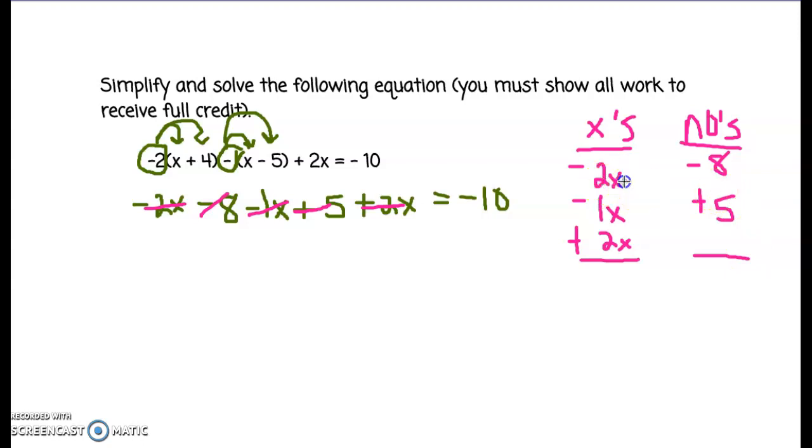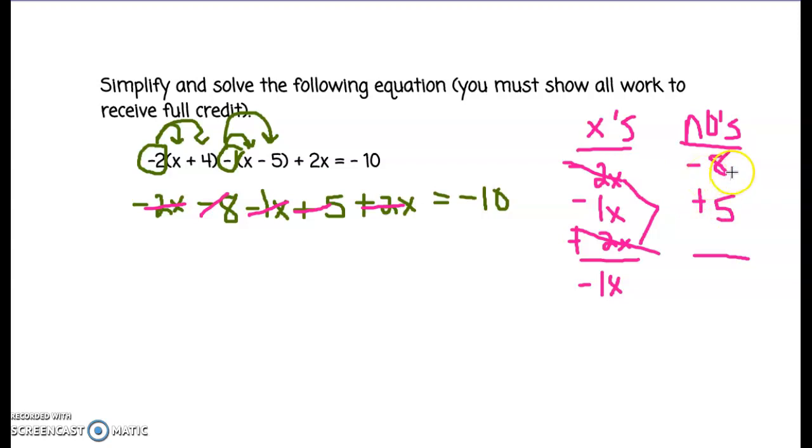So first, let's start with our x's. What I love is that -2x and +2x are opposites. So they cancel each other out because when I put them together, they have a value of 0. So in that column, I'm left with a -1x. And then for the no's, I have a -8 and a +5. You can put that in your calculator as -8 plus 5. But I like to think about it without a calculator.